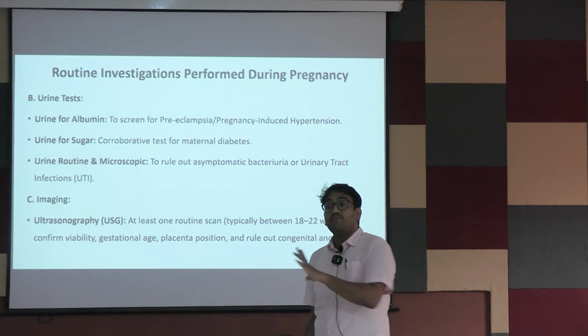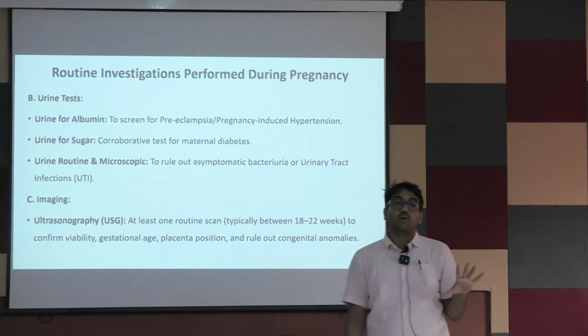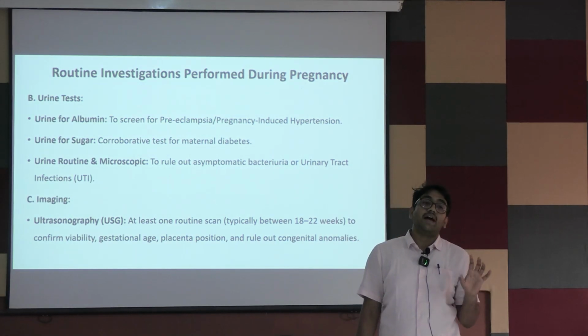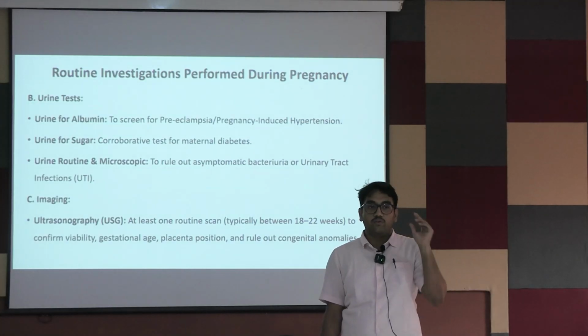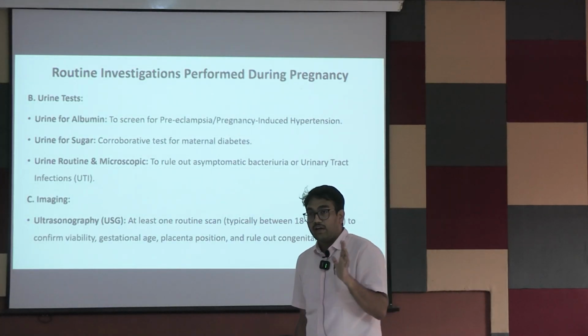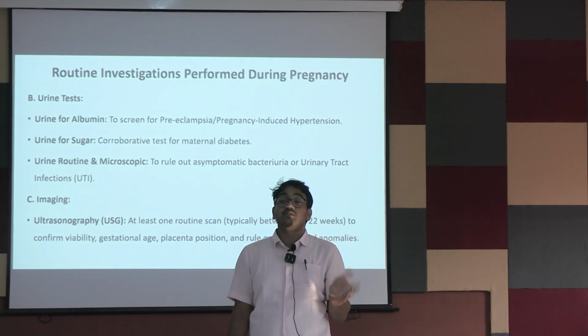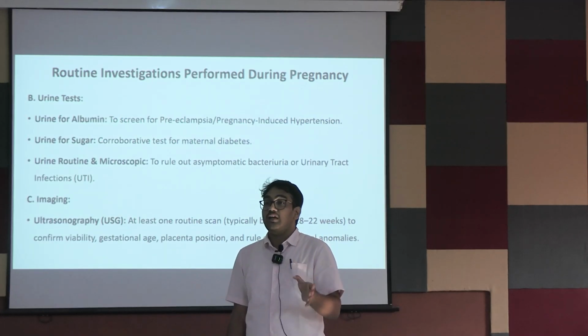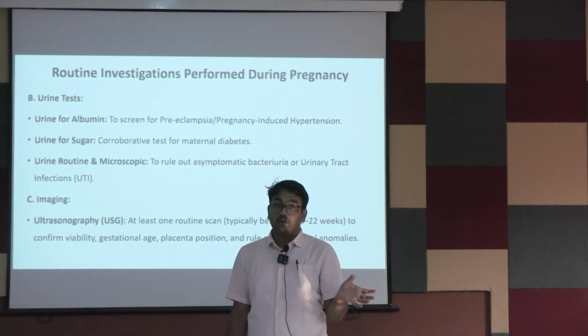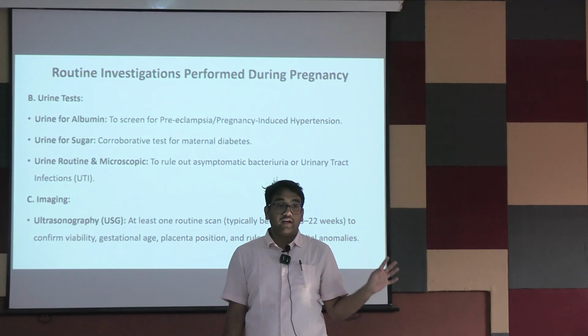But in terms of ultrasonographic scanning in pregnancy, what is most important is the anomaly scan. It is usually done between 18 and 22 weeks, ideal time is 20 weeks. That is the most essential scan to be done, where we check for severe congenital malformations or anomalies in the fetus, and we can also screen for things like Downs.